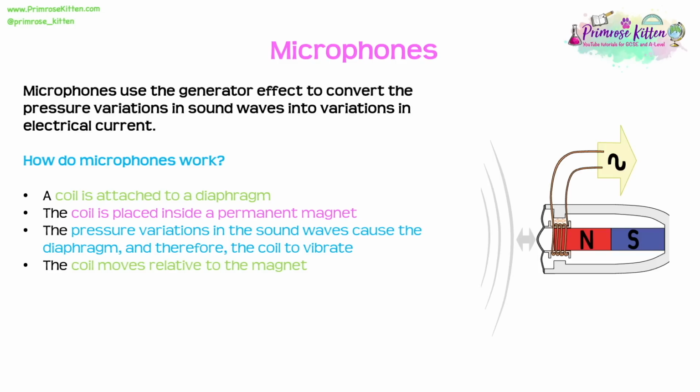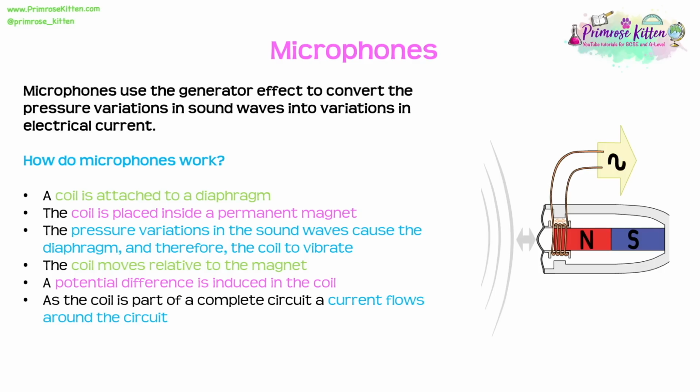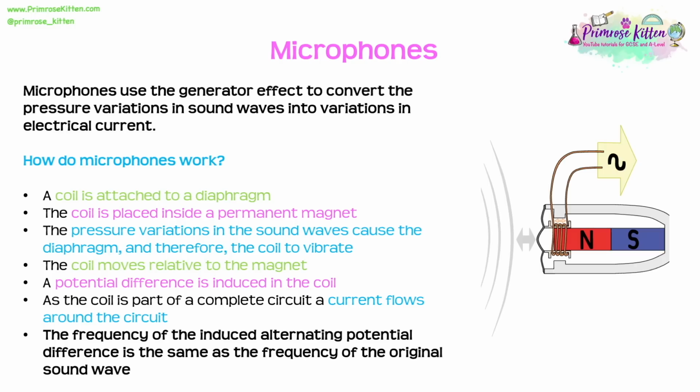Now that coil is moving relative to the magnet, and this induces a potential difference in the coil. If the coil is of course part of a complete circuit, then a current can flow around that circuit. The key fact is that the frequency of that induced alternating potential difference is going to be the same as the frequency of the original sound wave.